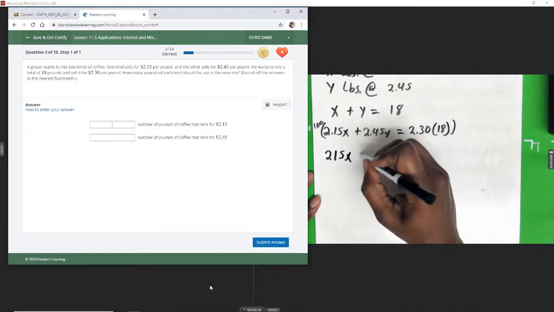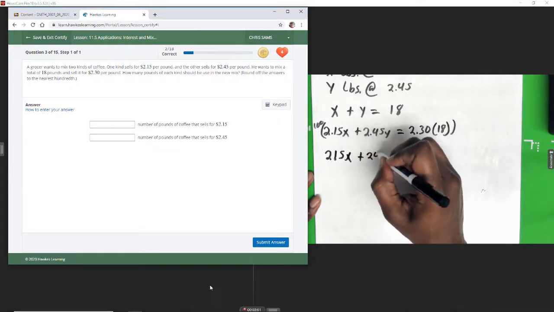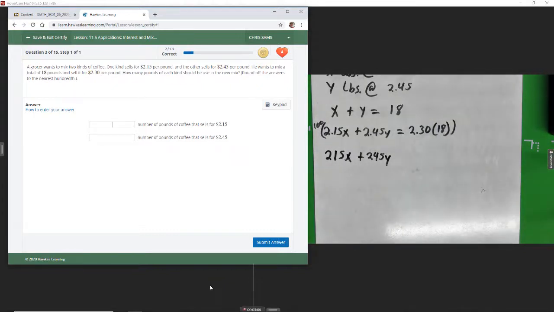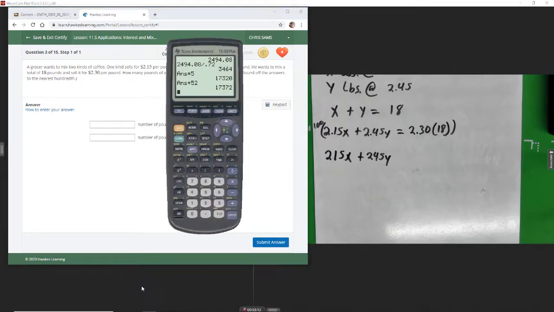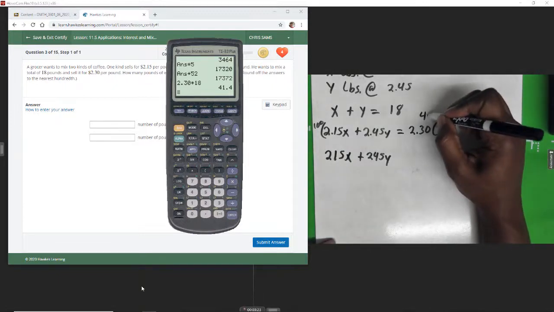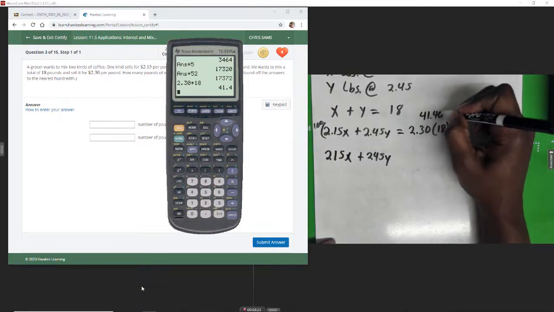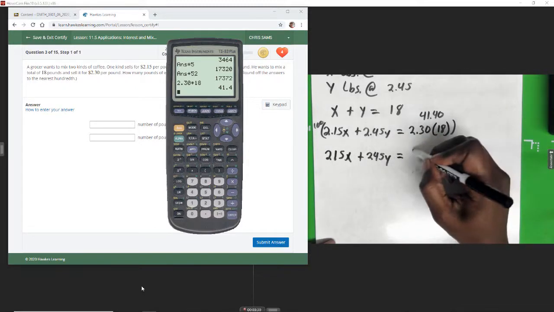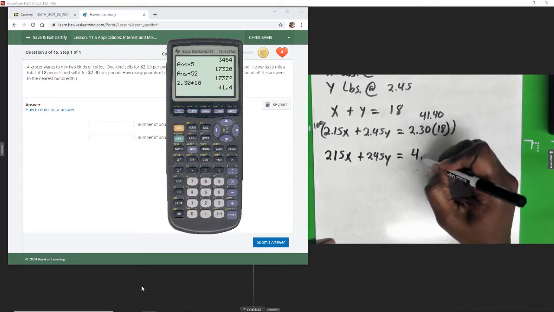Multiplying by 100, this gives me 245y. Okay, so let's figure this out first. So 2.30 times 18, this is equal to $41.40. When we multiply that by 100, it moves it over twice, and so that gives us 4,140.